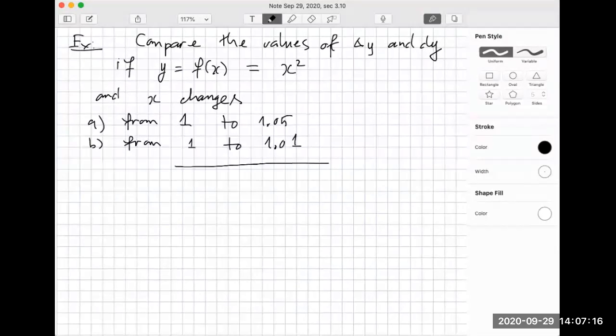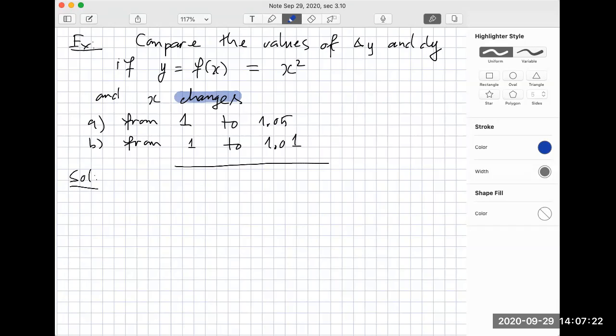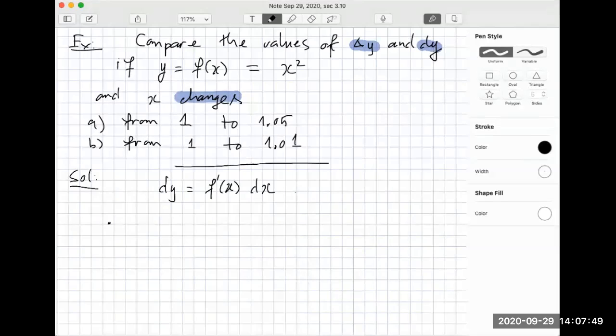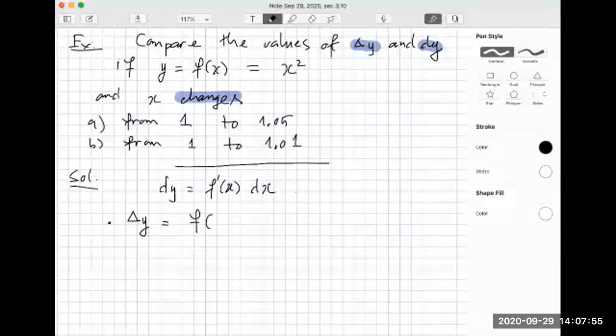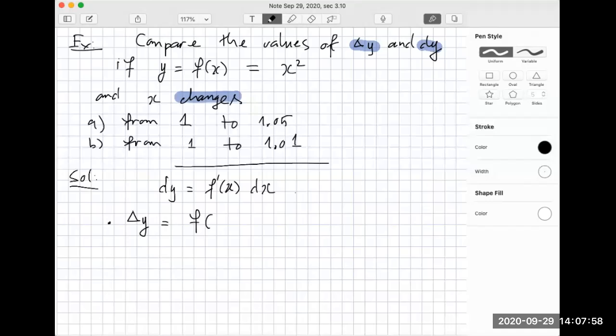So we are asked about the changes of delta y and dy, right? Let us write it down a little bit and clarify what we need to do. This is the relation of dy and dx, while delta y is the change in y, which is the difference of the 2 points.